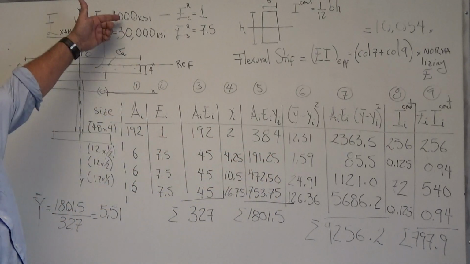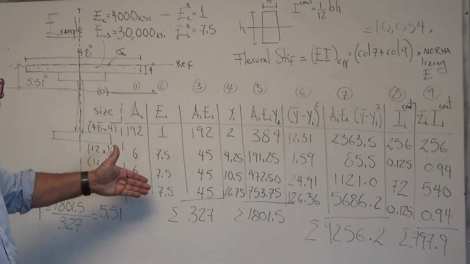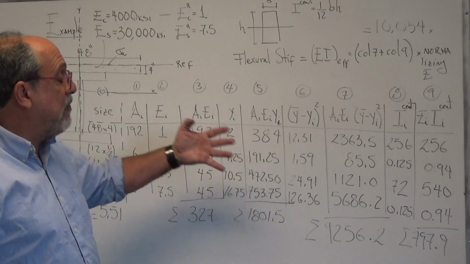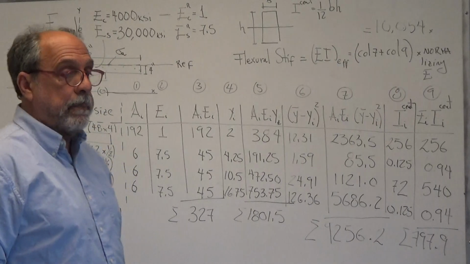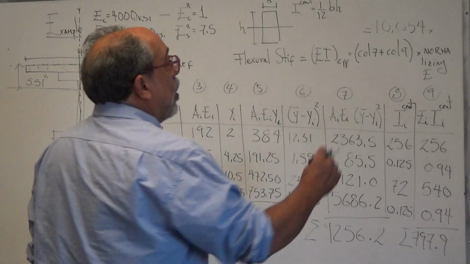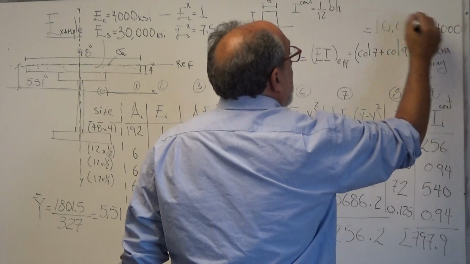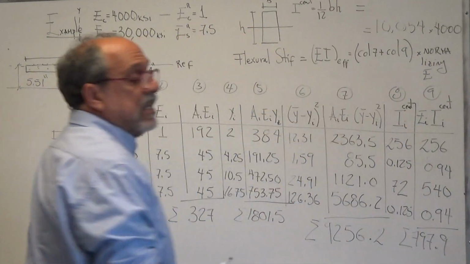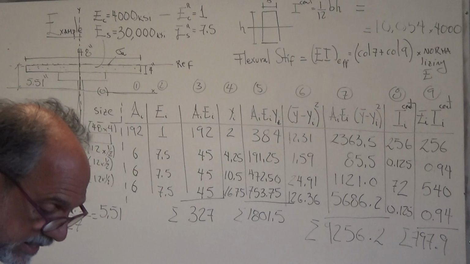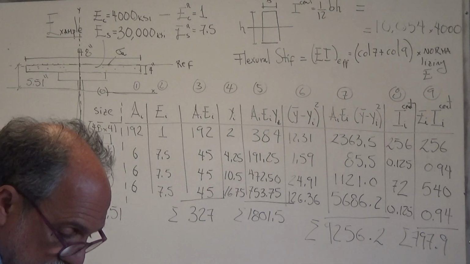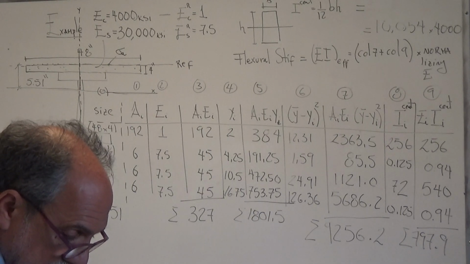Had we used the actual numbers, 4,000 and 30,000, everything would have been 4,000 times bigger. Therefore this goes times 4,000, and so the flexural stiffness is that times 4,000.